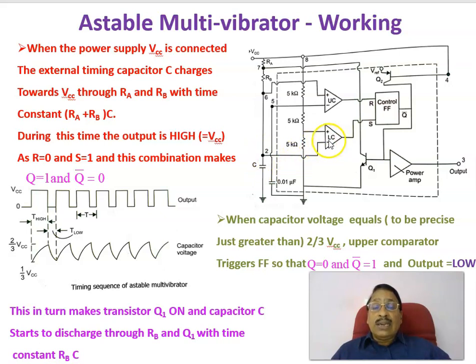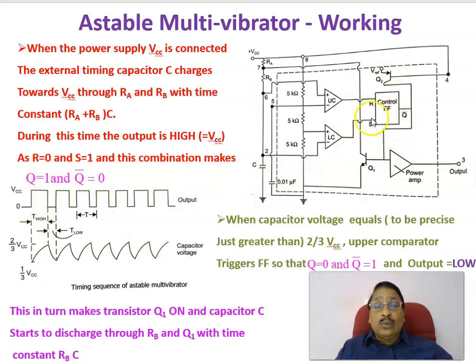if it is more than 1 by 3 VCC, here this voltage is equal to 1 by 3 VCC, the output will become Q equal to 1.